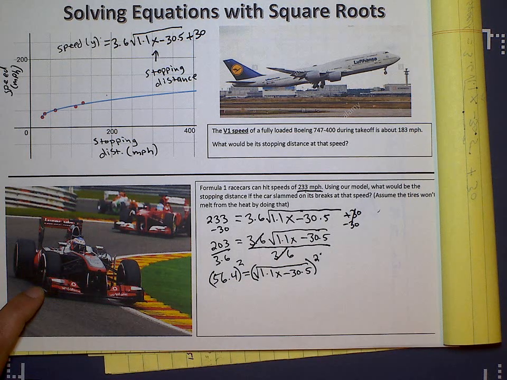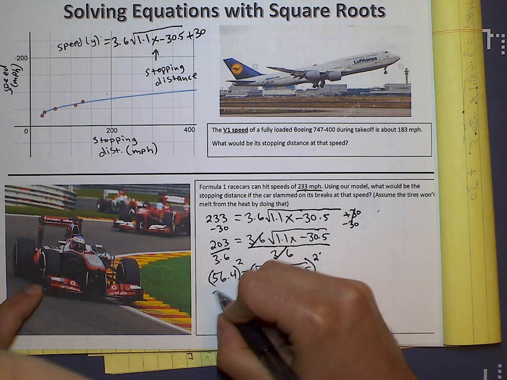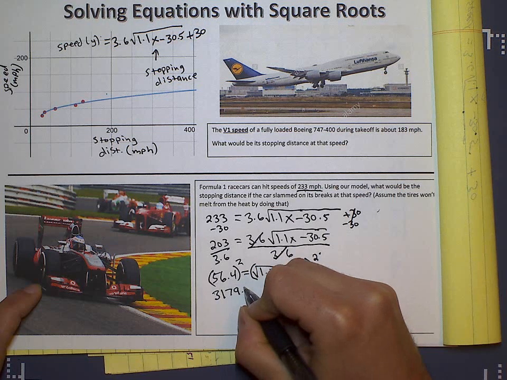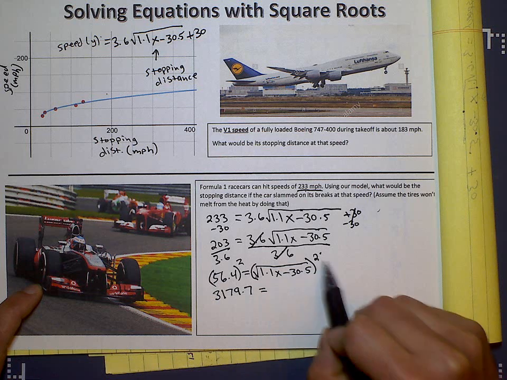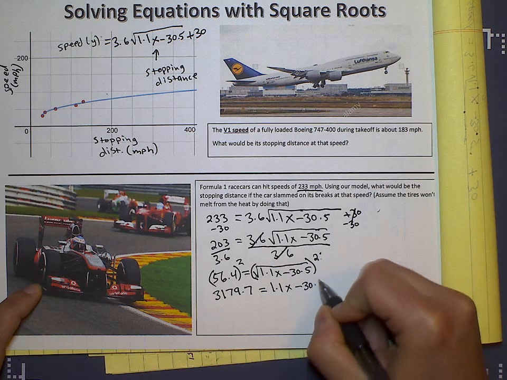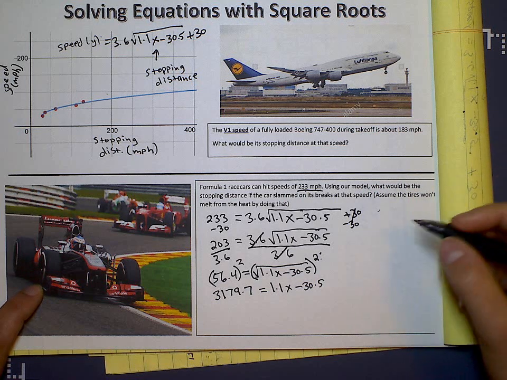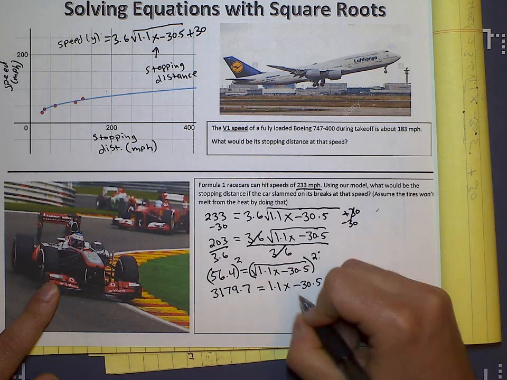Putting this in a calculator and doing some rounding, 56.4 squared is going to be 3179.7. Since we squared the square root, now we're just left with the numbers inside the square root, which is convenient because now it's just a two-step equation. So we're going to add and divide.